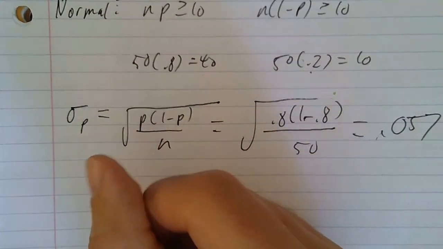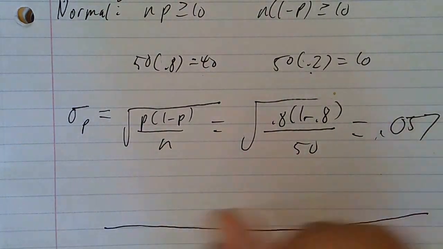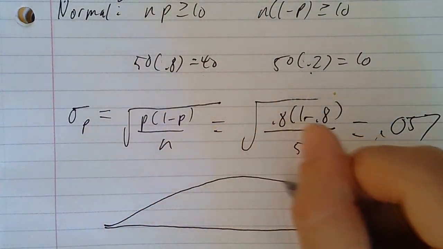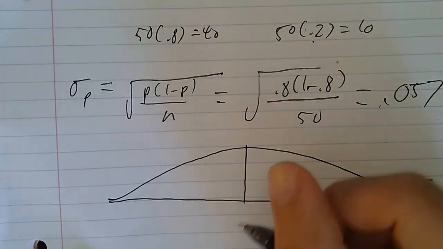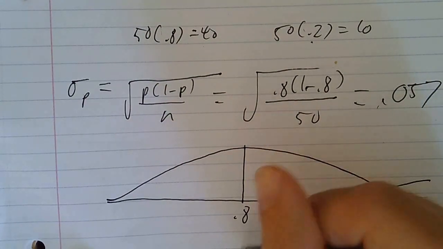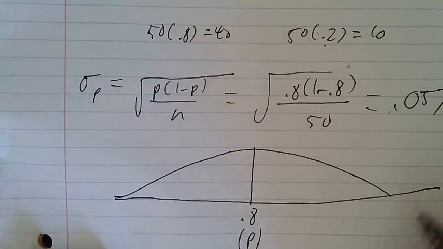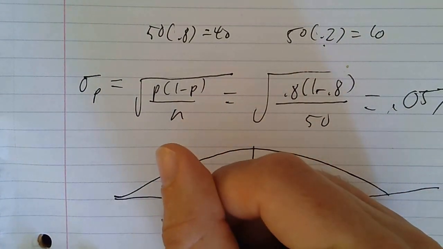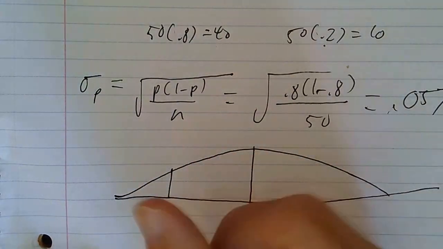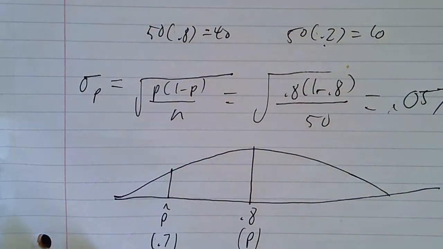The next most helpful thing is to draw out your curve and see where things are. In the middle is the p, 0.8. And somewhere on here we have this p hat, which is 0.7.